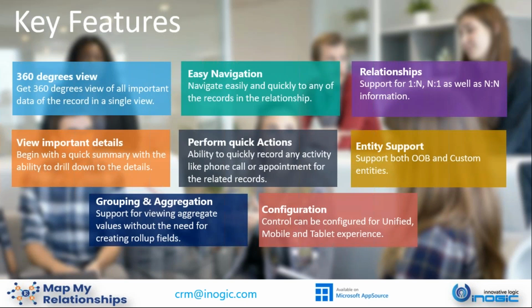It also supports various relationships like one-to-one, N-to-one, as well as N-to-N relationships. If you need more detailed information, you can also drill down onto that record and check that detailed information. You can also perform quick actions, like creating a phone call or appointment for that related record. And it supports both custom entities as well as out of the box entities.